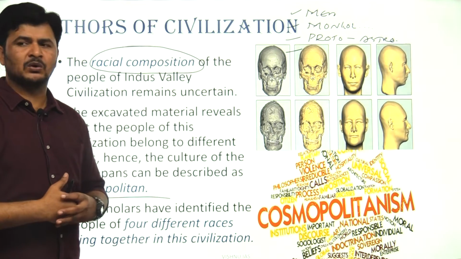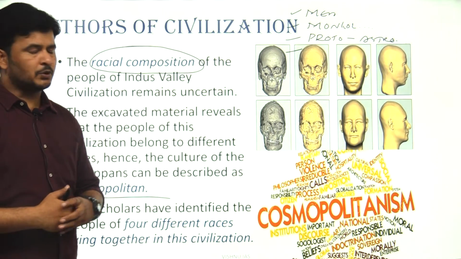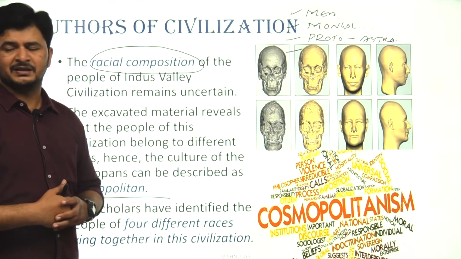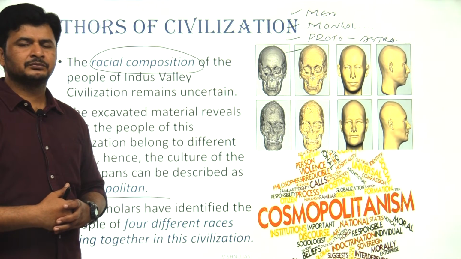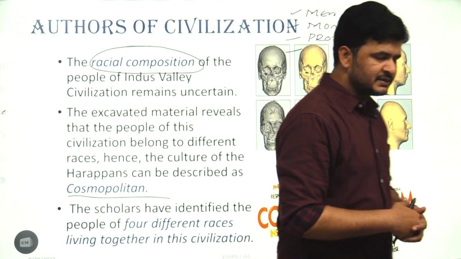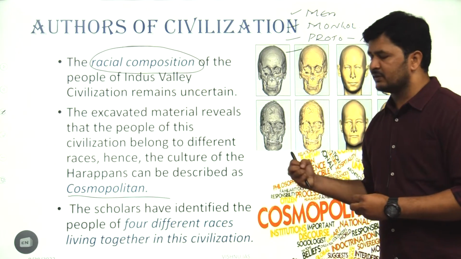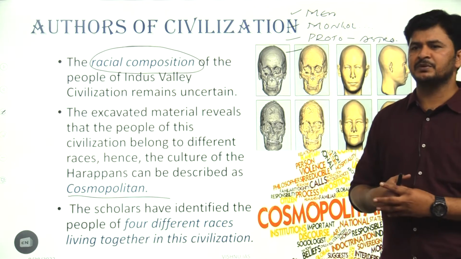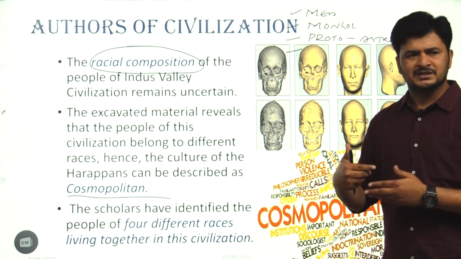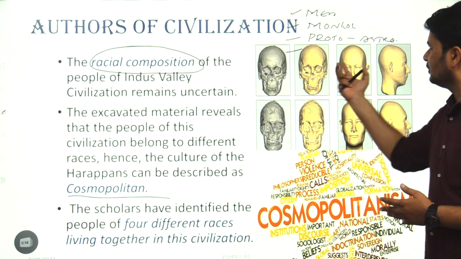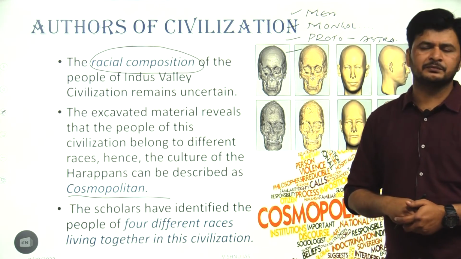Just have an idea of these races. When it comes to the Mongoloid race, it means the northeastern people, I'm talking about their physical features. Northeast, Chinese, Japanese, all these people belong to a race called Mongoloid, right?